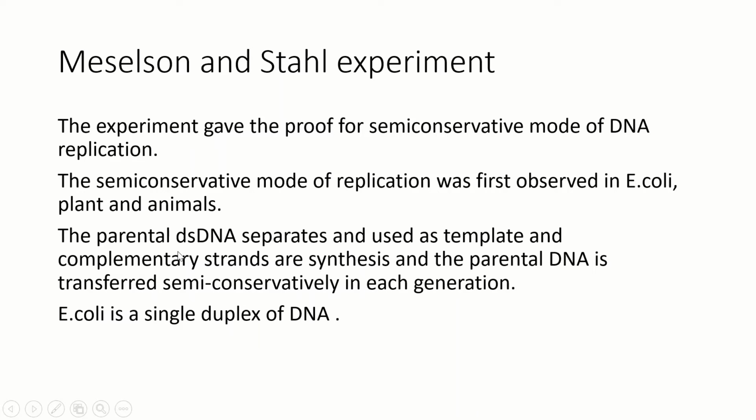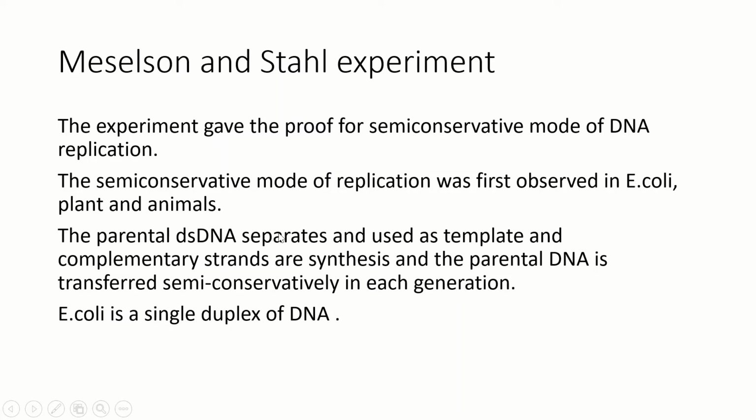So basically what happens here, the parental double-stranded DNA, so this DS means double-stranded DNA, separates and is used as two templates, and complementary strands are synthesized, and the parental DNA is transferred semi-conservatively in each generation.